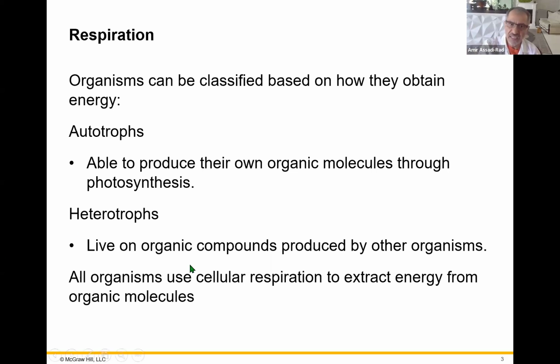They use cellular respiration, one form or another. You're going to learn two or three of them. Two of them at least: the one that needs oxygen, and the one that does not need oxygen. Even bacteria do cellular respiration.